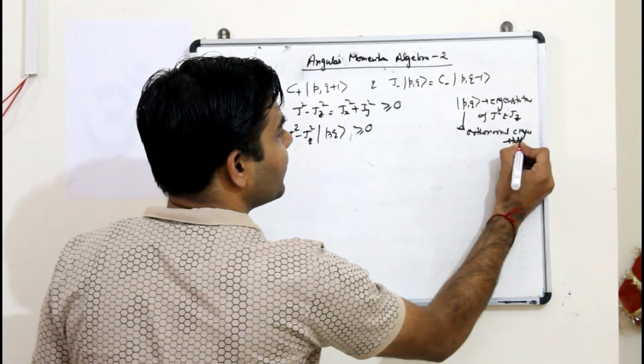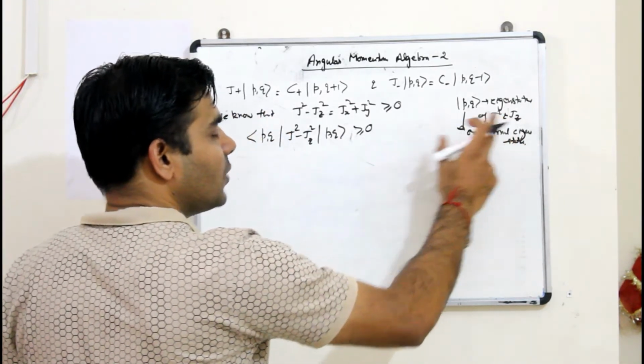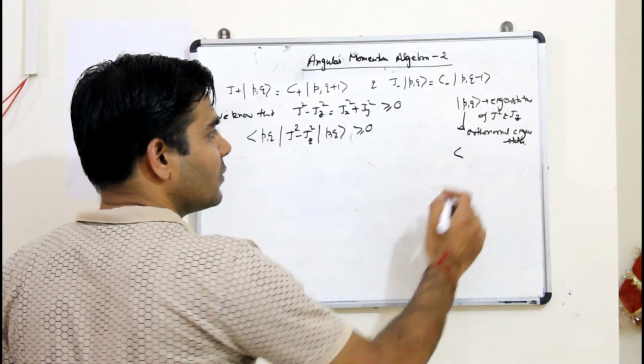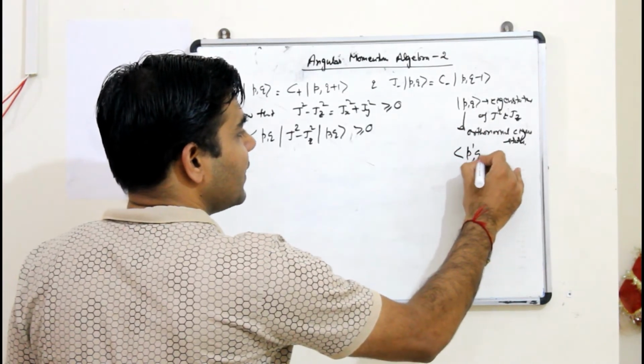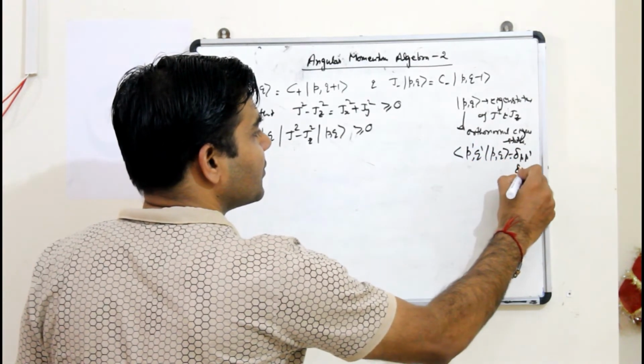We have taken them to be orthonormal. They will surely be orthogonal because they are eigenstates of two Hermitian operators. The condition of orthonormality is satisfied in this fashion: delta P P prime, delta Q Q prime.